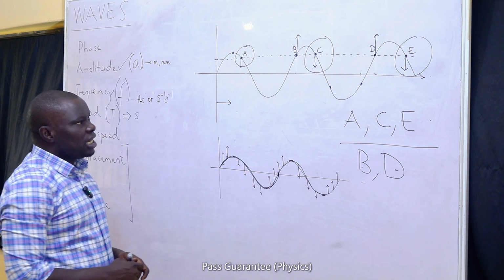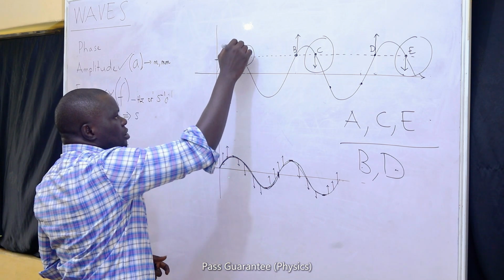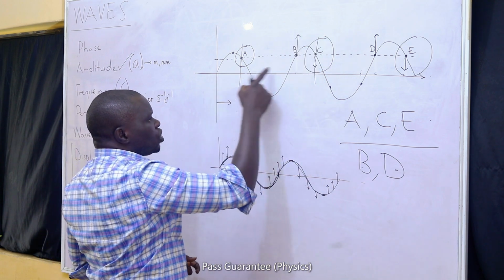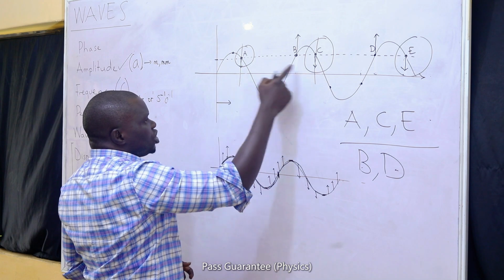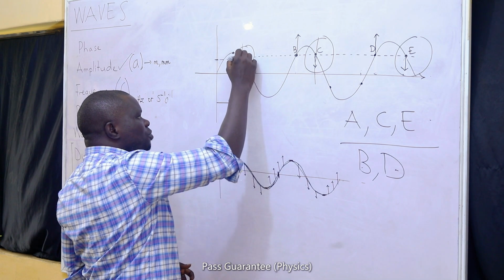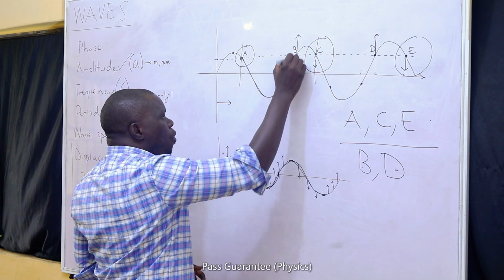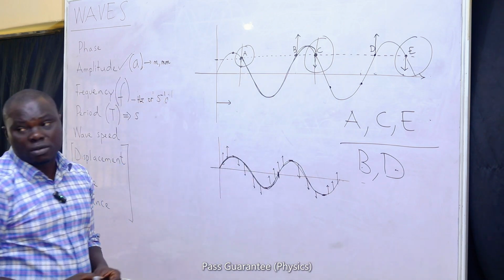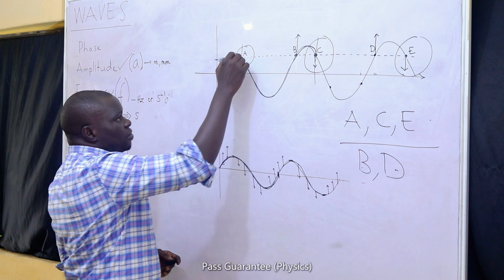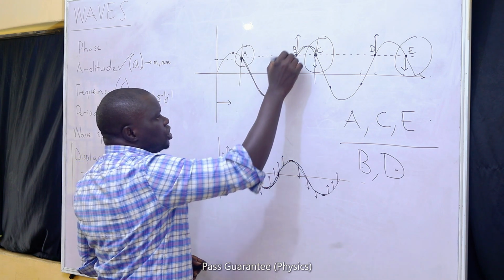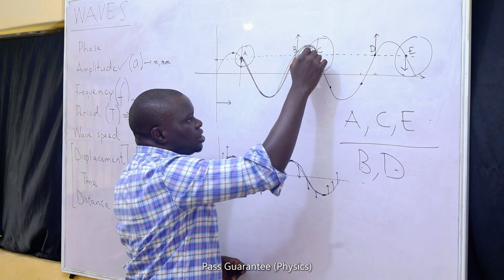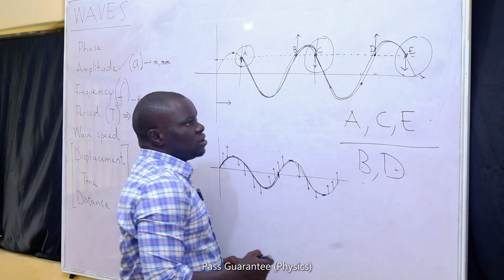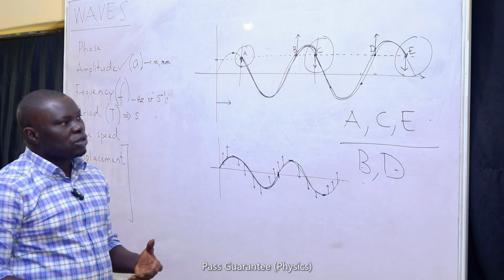But now I'm also telling you that if you pick a point and yet another point, two successive points that are in phase with each other, the pattern from this point straight to this other point forms a cycle. A to C forms a cycle. C to E also forms a cycle. So that is another way by which you can be given a cycle.